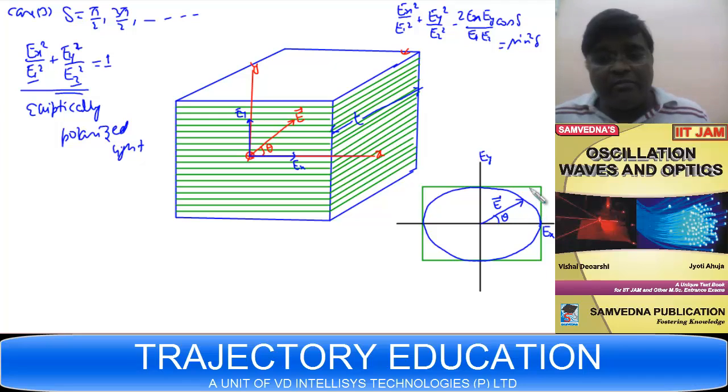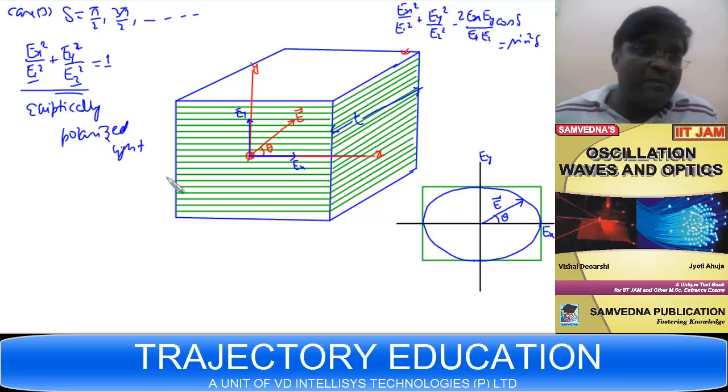In the elliptically polarized light, the rays which form the beam all are in one direction, but that direction does not remain fixed. That direction keeps on changing such that the tip of the field vector is moving on an ellipse. That's called elliptically polarized light.